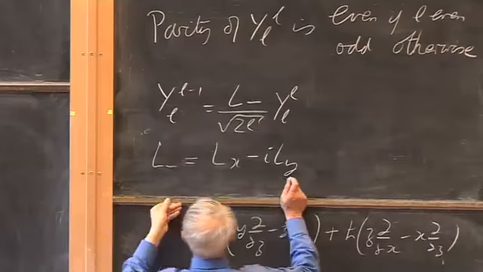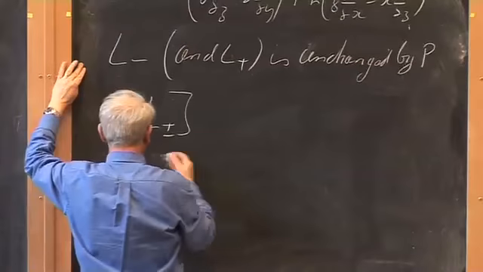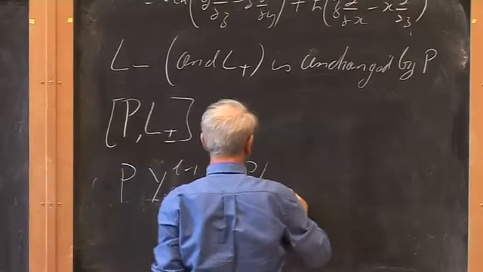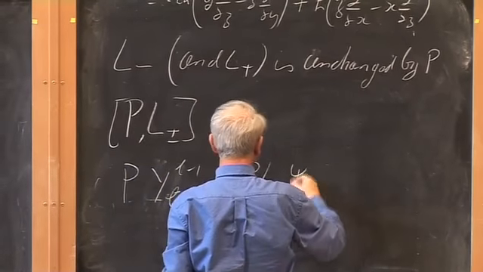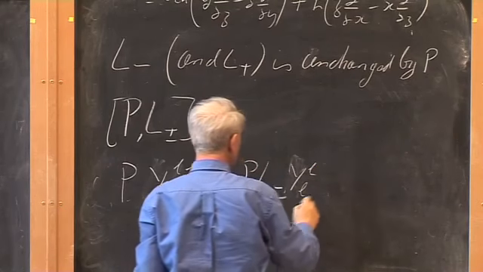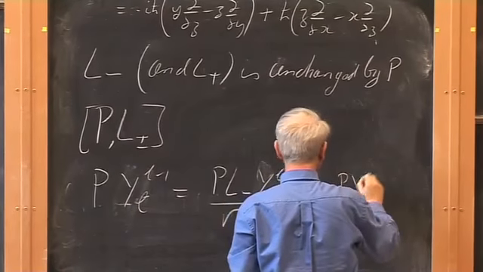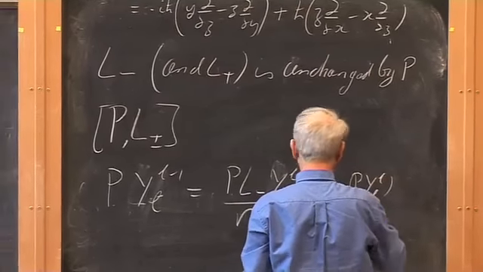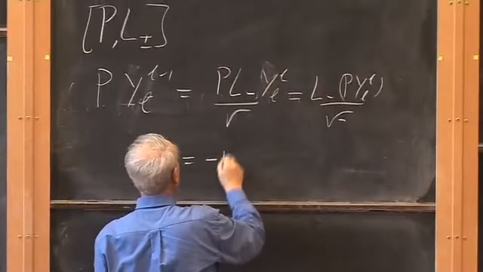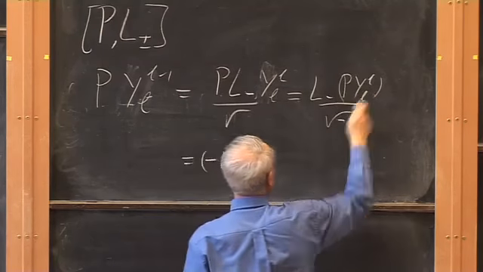Let me just write that argument down, perhaps. So we have that P on Y_{L-1} is equal to P L minus Y_LL over some square root, that's not interesting, is equal to L minus P Y_LL over the square root, which is equal to (-1)^L times P times, this thing produces Y_LL.